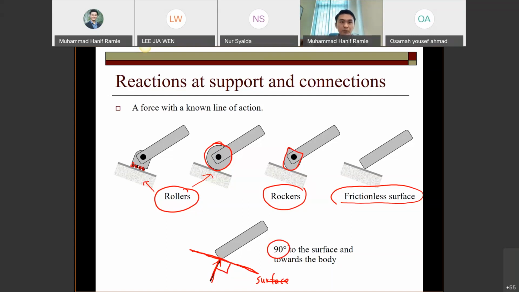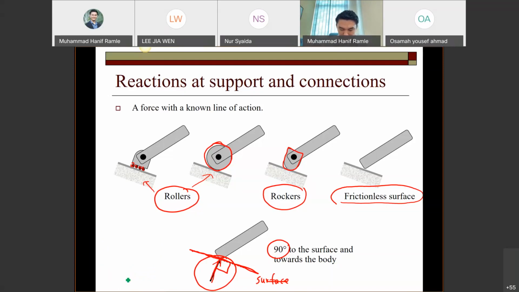To make this understood, I'm not suggesting you remember this. I suggest you understand. Not to remember but to understand how to determine this reaction. If you can understand this, you can straight away know that this system only has one reaction.